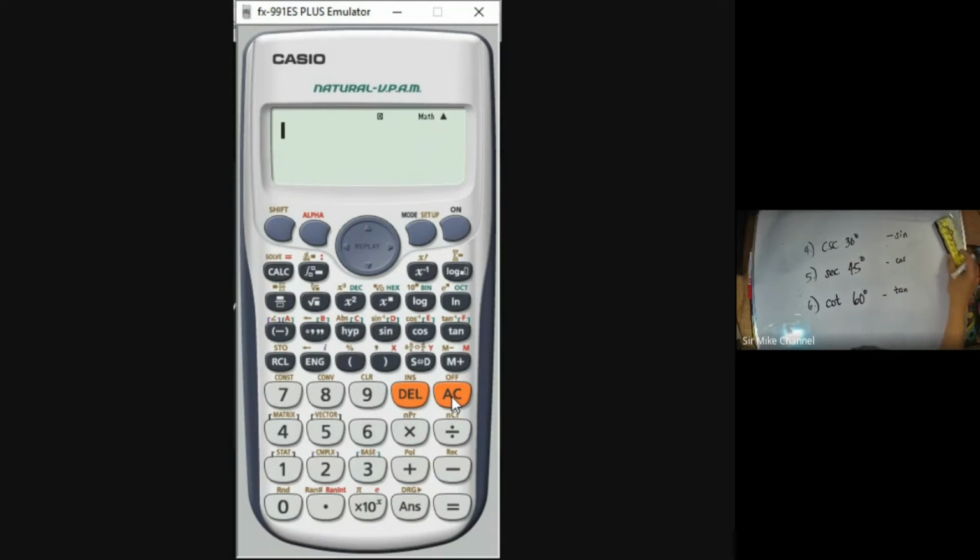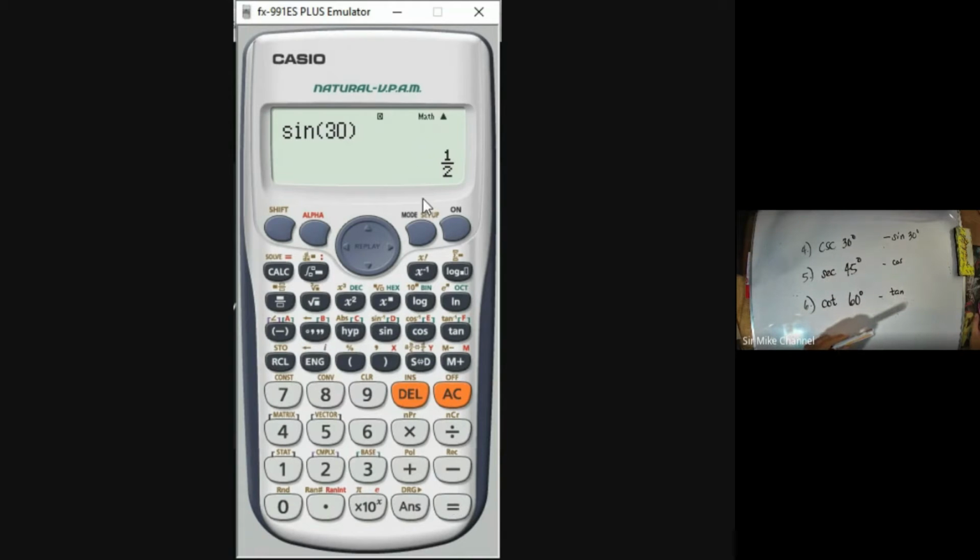So, kunin mo muna yung equivalent ng sine 30. Ayan. So, ito yung magiging sagot natin, 1/2. So, reciprocal natin yan. Kukunin mo yung 1 divided by 1/2.